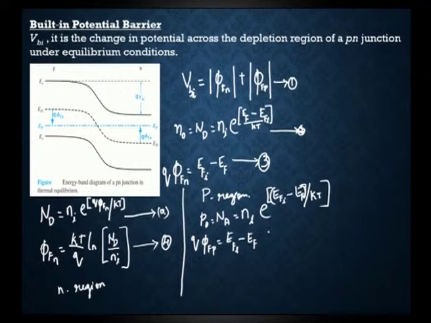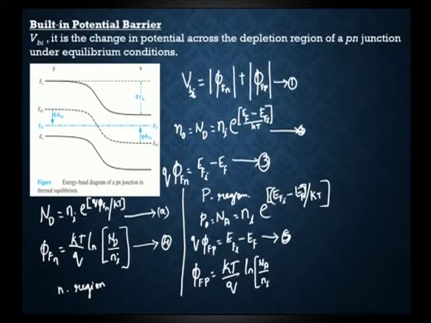Substituting this value, we get the equation for the potential in the P region: phi Fp is equal to kT divided by q ln of Na divided by Ni. This can be written as equation 6.